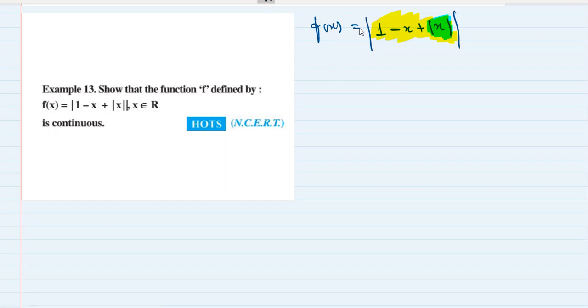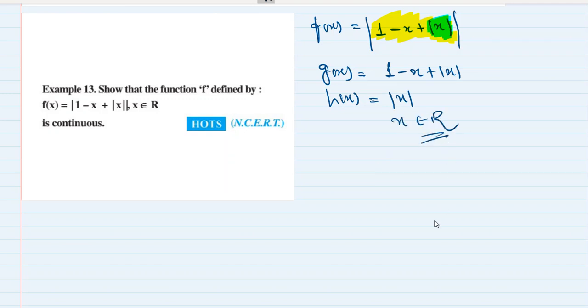If we have to show that this function is continuous, we have to identify which functions are involved in this given function. So one function which is involved is g of x, which I would write as 1 minus x plus mod of x. The other function which is involved is h of x, which is nothing but mod of x, where x belongs to the set of real numbers.